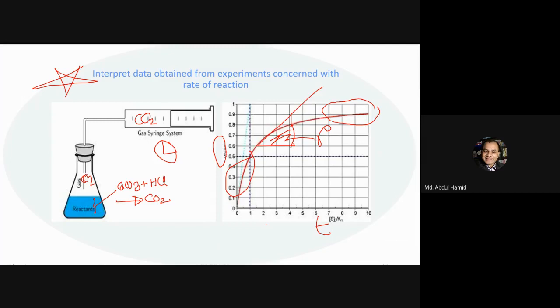For the corresponding time you get the volume, then draw the graph. If you calculate the gradient from the graph, that is the rate. The question is, how will you investigate the rate using this experiment?